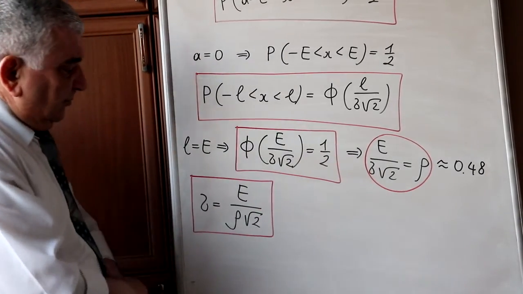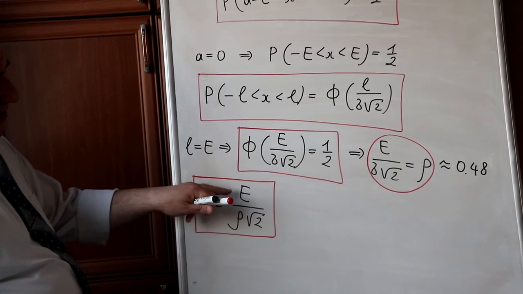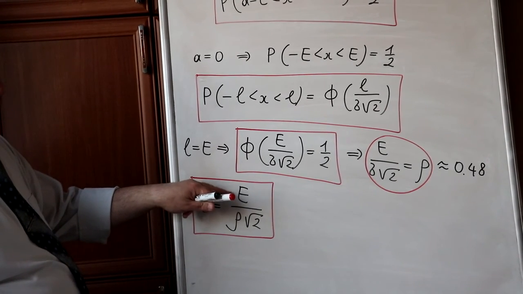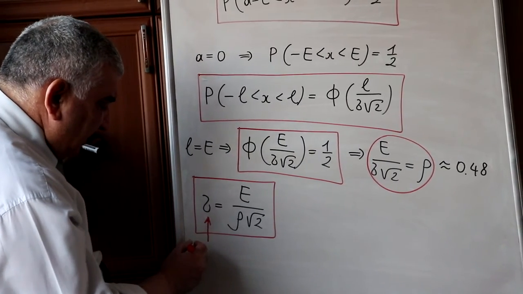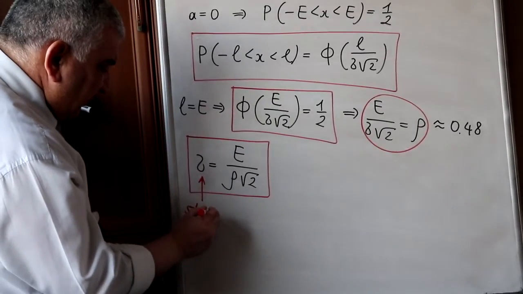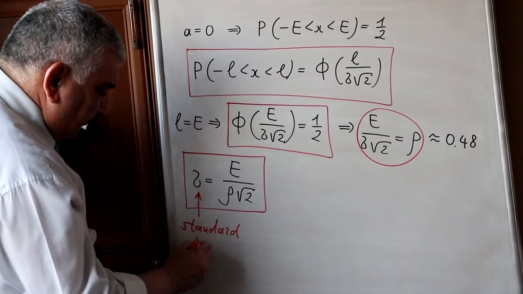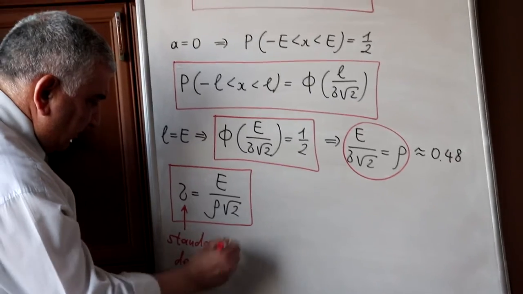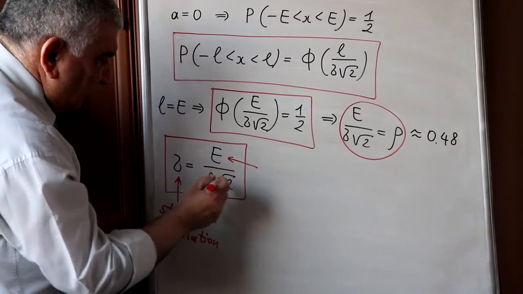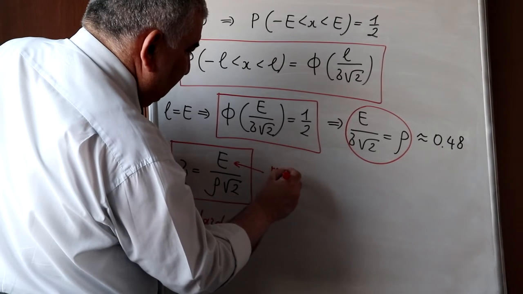By means of this formula, the standard deviation is expressed by means of median deviation. Here, sigma is standard deviation, but E capital or epsilon capital is median deviation.